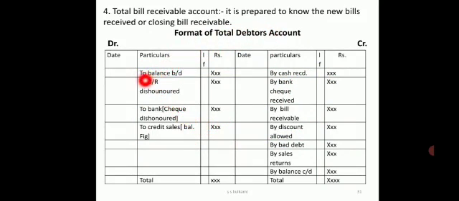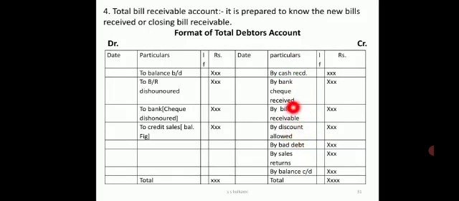On the debit side I have the opening balance of debtors, then bills receivable dishonored, then bank account where check is dishonored, and the credit sales, which may be the balancing figure. Here for example I have given it as the balancing figure. Next, you have the cash received on the credit side, checks received on the credit side, then bills receivable, then bank, discount allowed, bad debts, and sales returns.